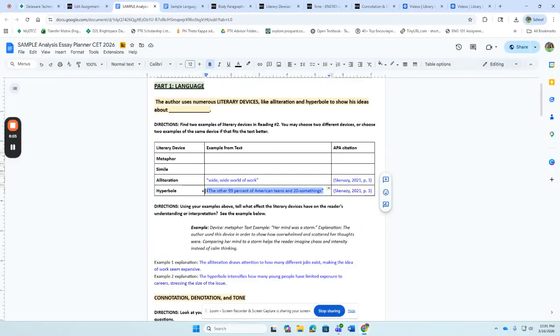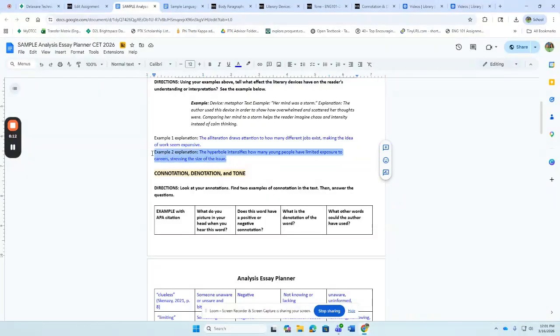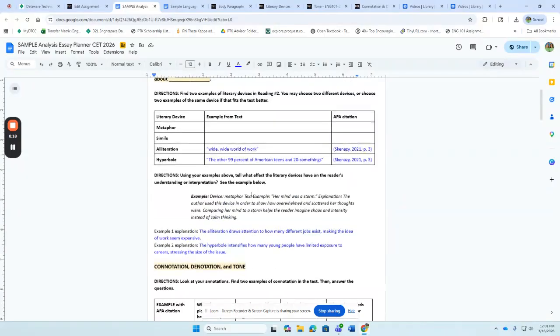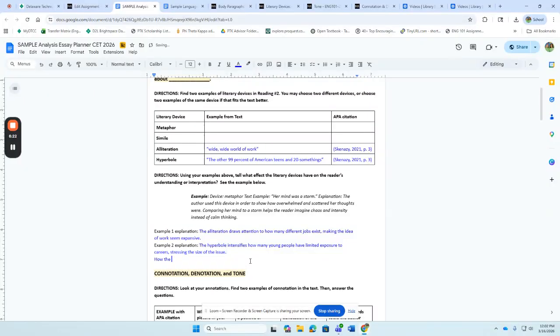I'm going to add a transition word in a setup. I'm going to use the next example. And then I'm going to use my next explanation. Now, this does not give a full tie-in. So what I really want to see is how the author uses this information or this device in the text.